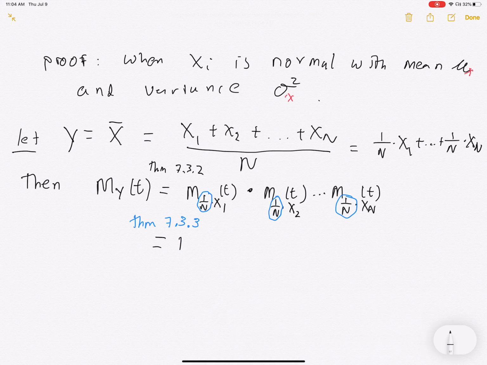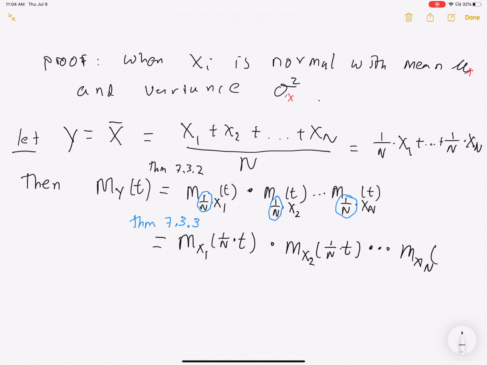It's going to state that the moment generating function of this first piece, x sub 1, is going to be the moment generating function of x1 of 1 over n times t times the moment generating function of x2 of 1 over n times t. And we keep multiplying. Now, 1 over n times t is the same as t over n. So I can just write it like that.